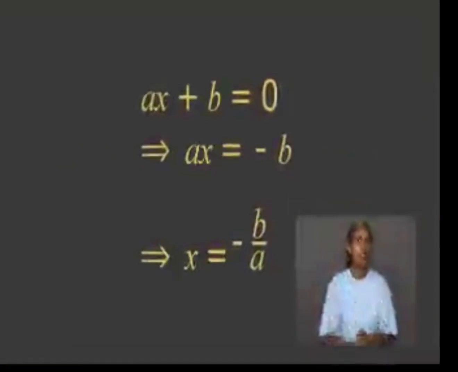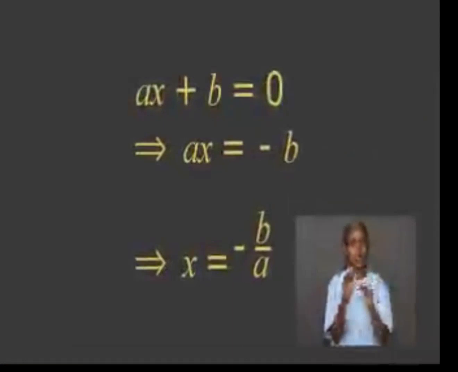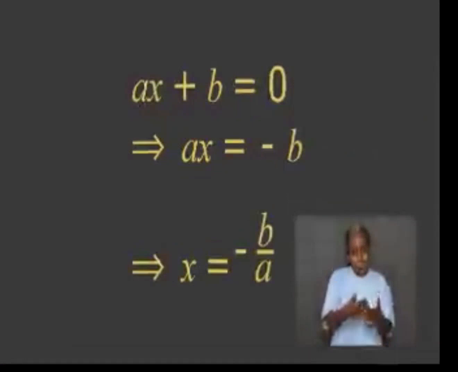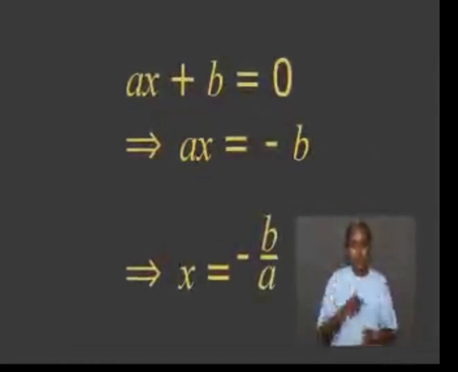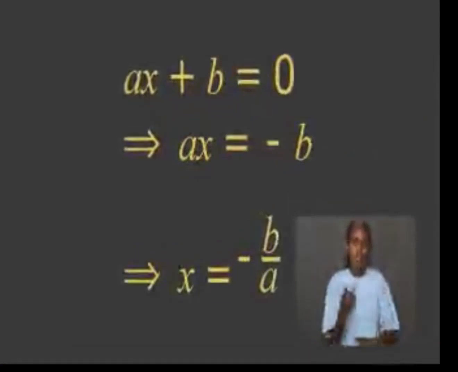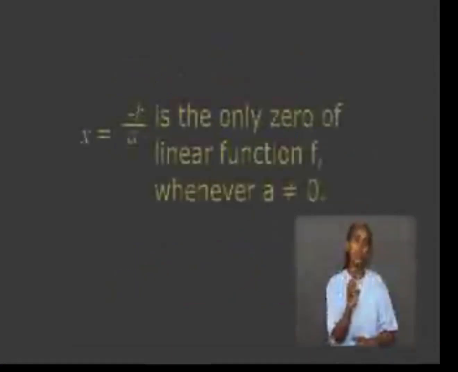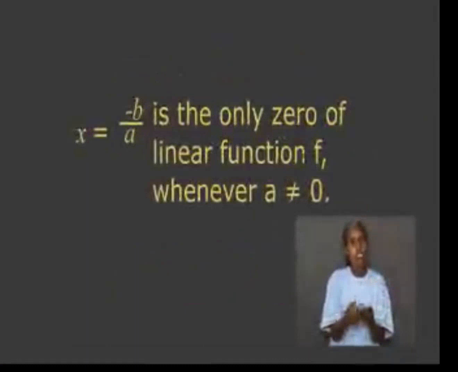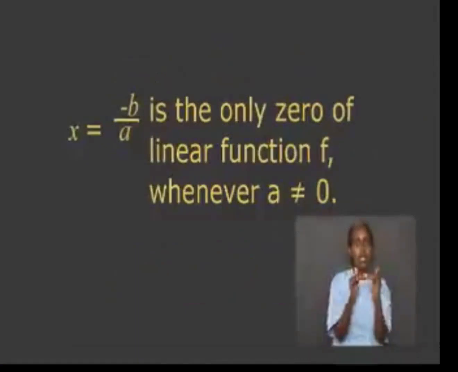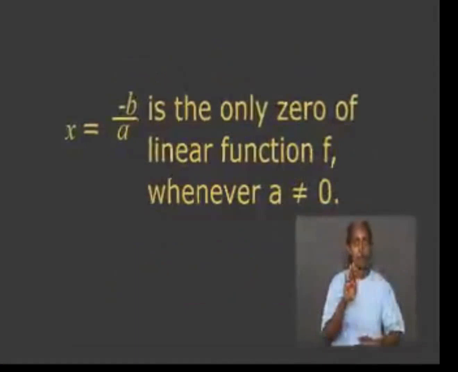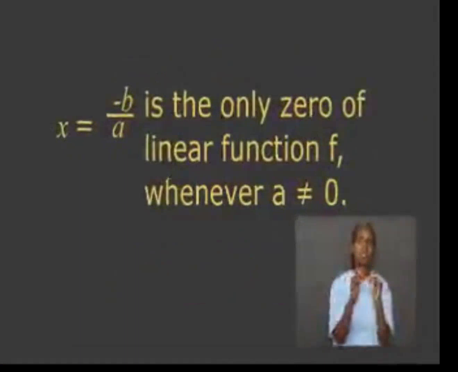Starting with the statement that the function equals 0, we subtract b from both sides. We also divide both sides by a, since a does not equal 0. Therefore, the only zero of the polynomial is equal to negative b over a, whenever a does not equal 0.